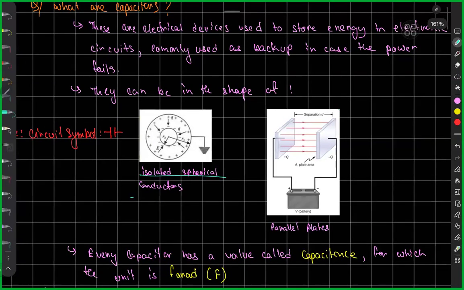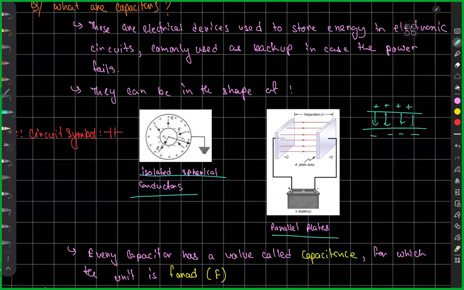You can have isolated spherical conductors, or you can have parallel plates. You've seen this as uniform electric fields. One was positively charged, one was negatively charged. That's one case. The other is you have spherical conductors where you have one uniform sphere inside and one other sphere outside.